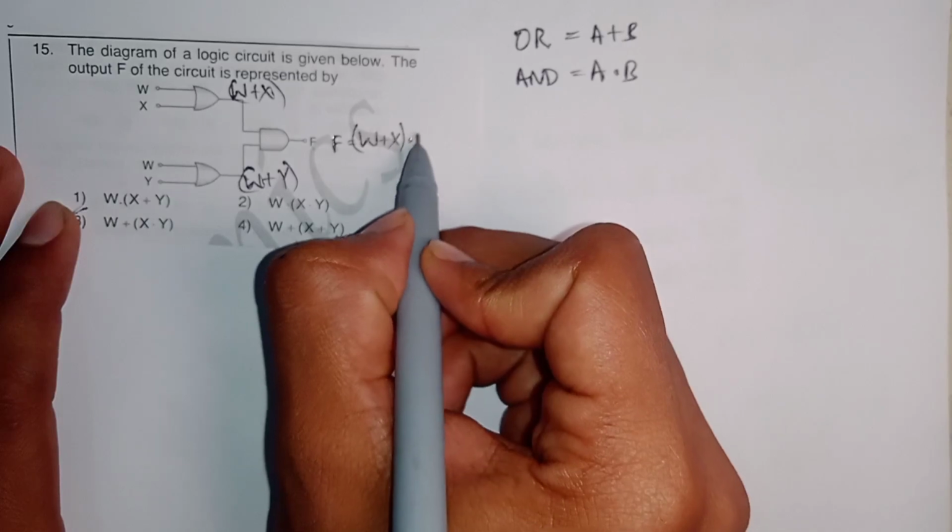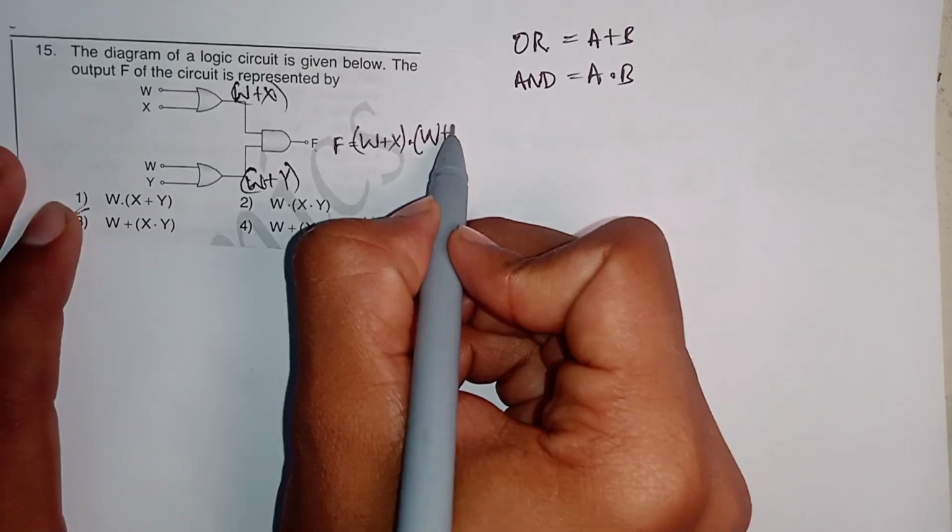For the OR gate again, W plus Y will be here. When W plus X and W plus Y come to the AND gate, they will be multiplied. That is, F is equal to (W plus X) dot (W plus Y).